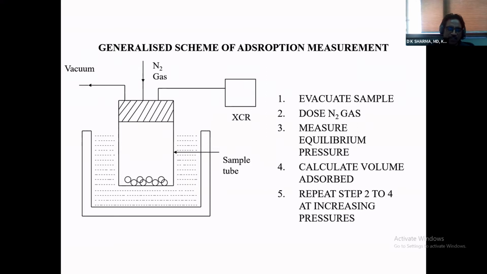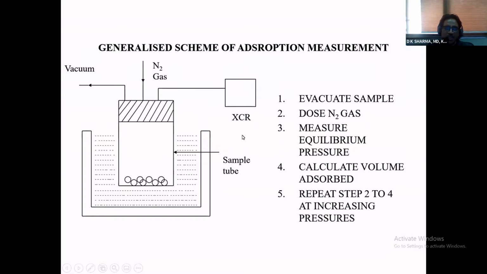Once it is evacuated nicely, when it is under vacuum, then you start dosing your adsorptive gas. Adsorptive means the gas for which you are trying to study the adsorption. Adsorptive gas in most cases is nitrogen, for very good reasons.